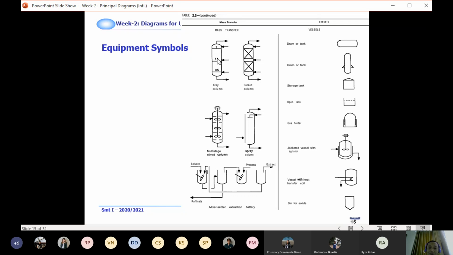Because tray number 14 receives the feed stream. Tray 35, the bottom tray, comes from the bottom line. So usually for the tray column, we draw horizontal lines inside the column, and then we put the number on it.